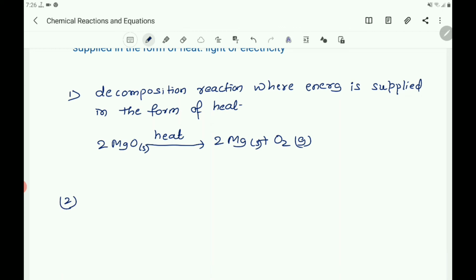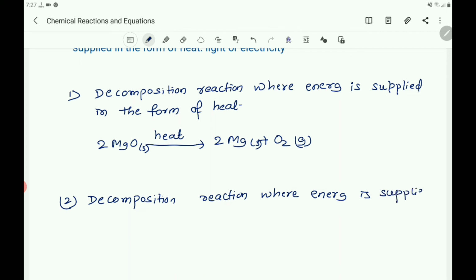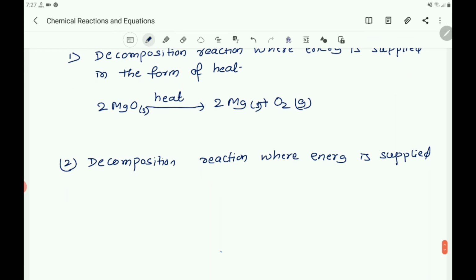A decomposition reaction where energy is supplied in the form of light.